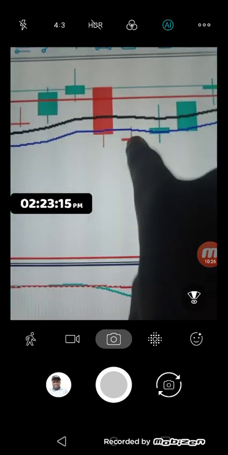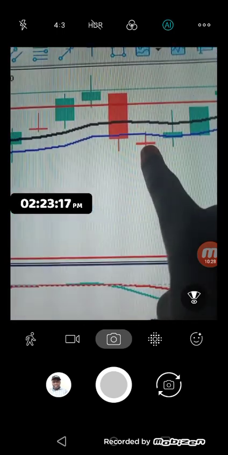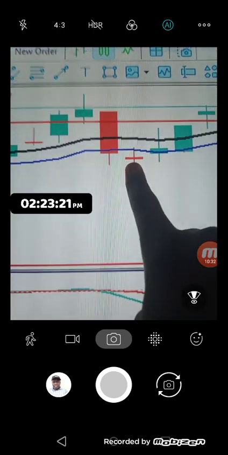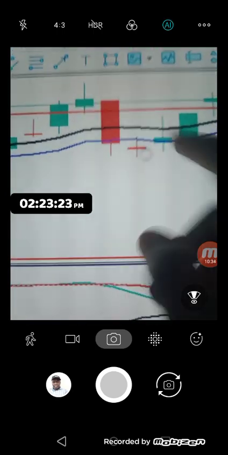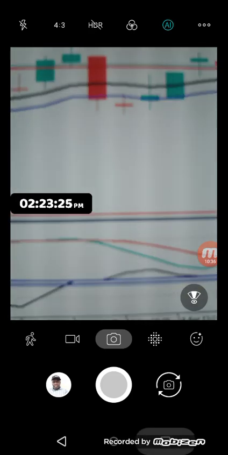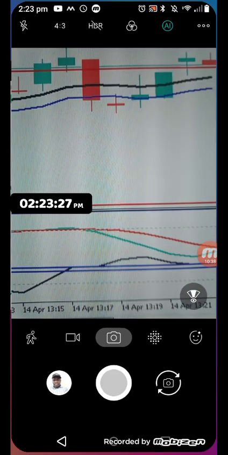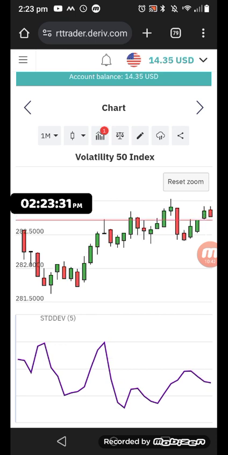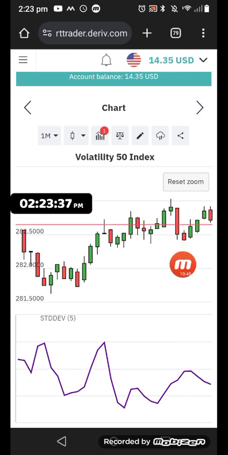This is how it's being represented on the normal standard platform chart. Can you see it? But if you look at it on the browser, look at the same chart. Look at it here. It's the same chart, the same time. The one we follow is small.